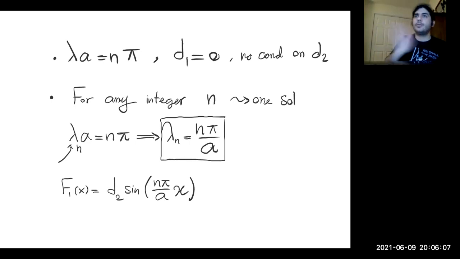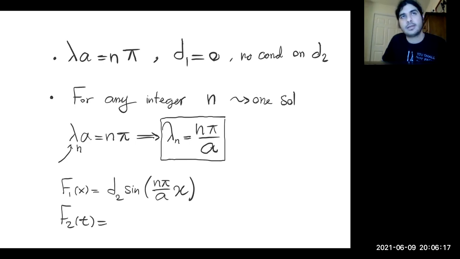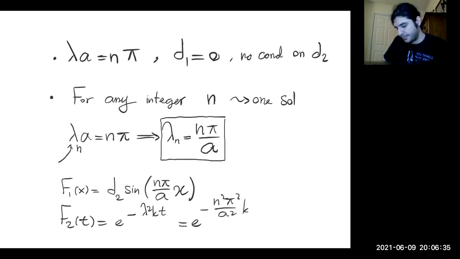And f2, which was a function of t, was also equal to a constant times e to the minus lambda squared kt, which here becomes e to the minus n squared pi squared over a squared kt.